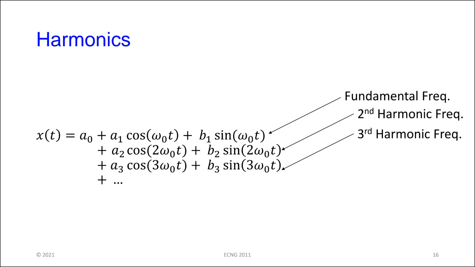Musicians have the fundamental or the tone, and the next multiple, what we would call in our signals the second harmonic, they would actually call the first, right? And the third harmonic, they call the second, because they don't count the fundamental as the first harmonic. We count the fundamental as the first harmonic.